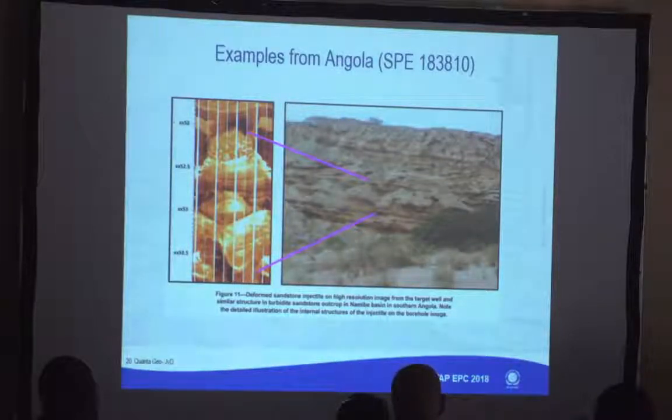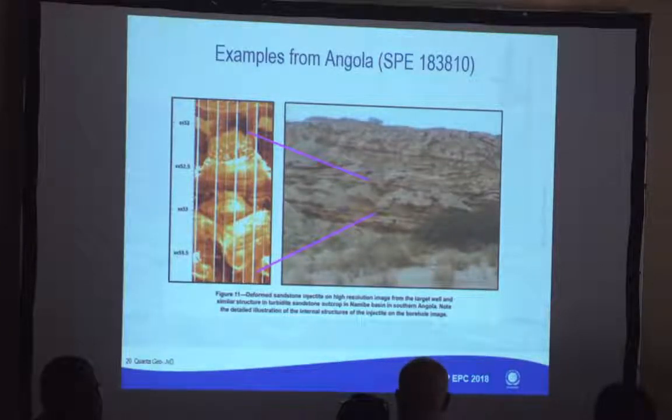This is another example I wanted to highlight. These are so-called injectites. I don't know if you're familiar with this phenomenon, but under certain conditions, unconsolidated sand can be remobilized and can actually move upward and push through impermeable layers.